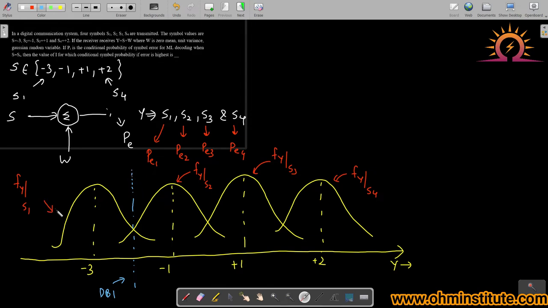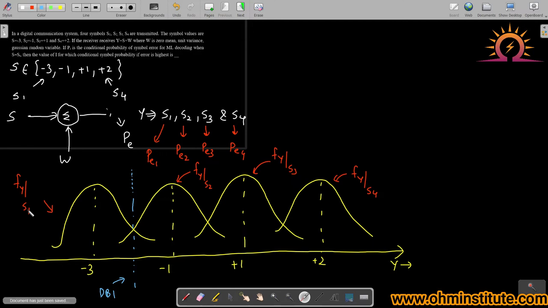When S1 goes beyond this decision boundary, it will be decoded as S2. That is, S1 being decoded as S2 is equivalent to an error for symbol S1.